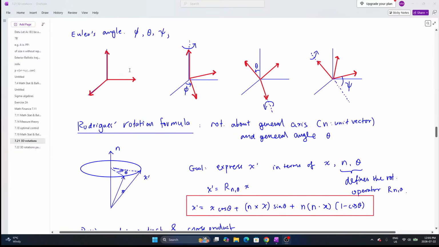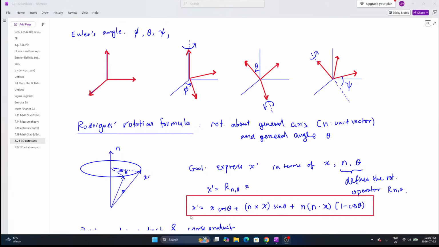In particular, we're going to derive the Rodrigues formula. In the Rodrigues formula, we specify the axis of rotation n, and then we also specify the rotation angle theta. The sign of theta, not the trig function sine, but rather the positive or negative sign of theta, is determined by the right-hand rule.